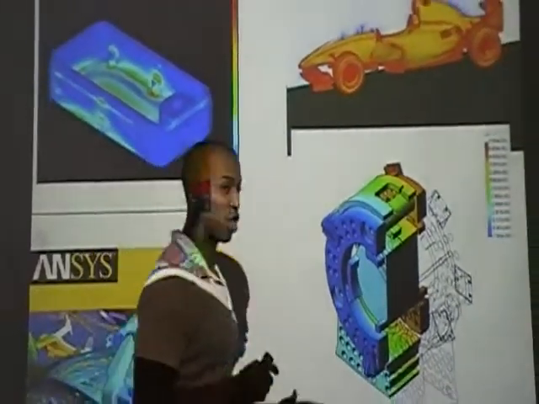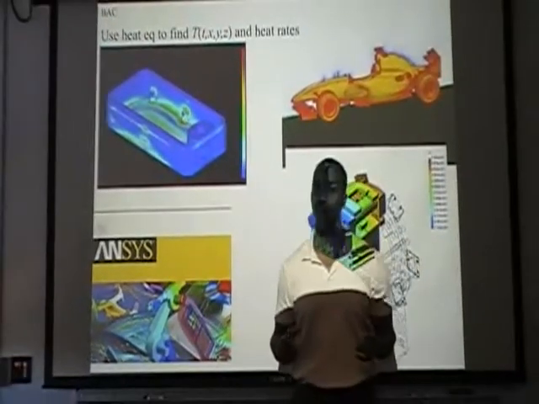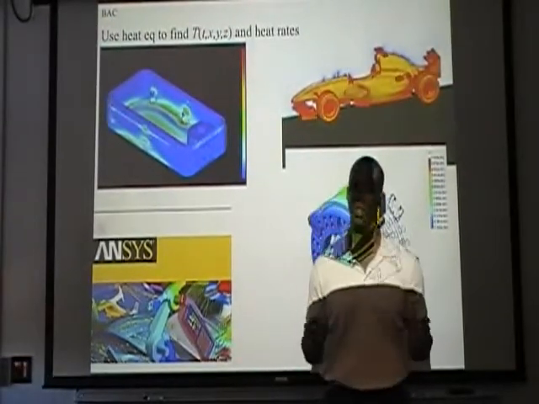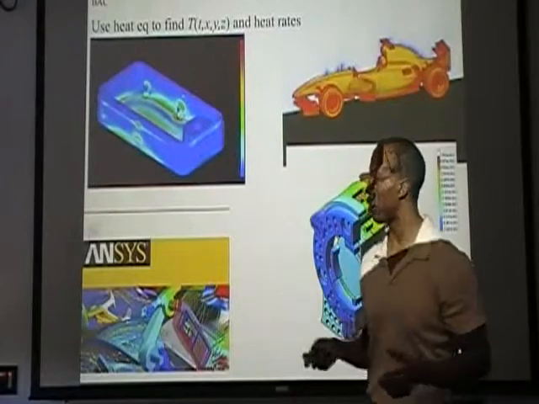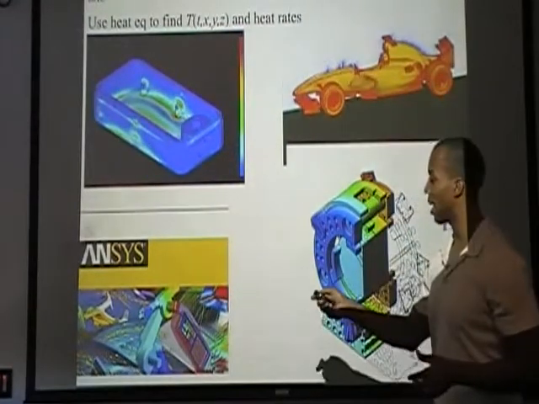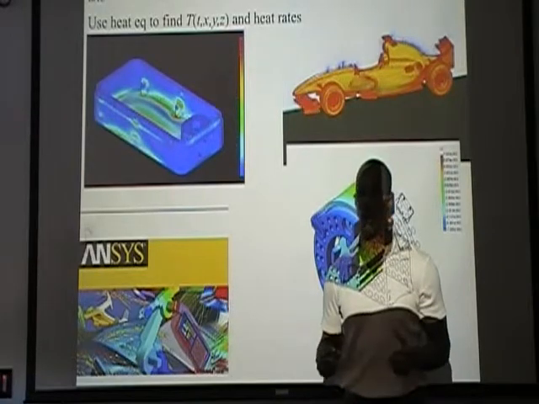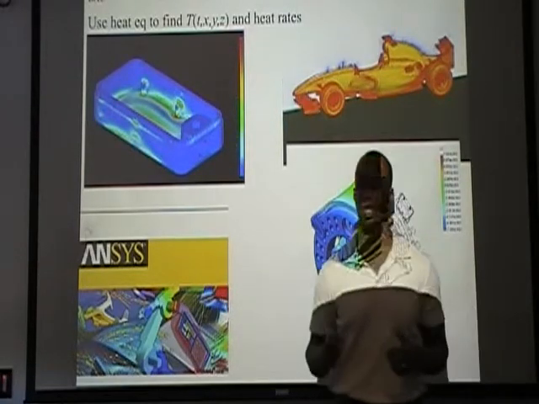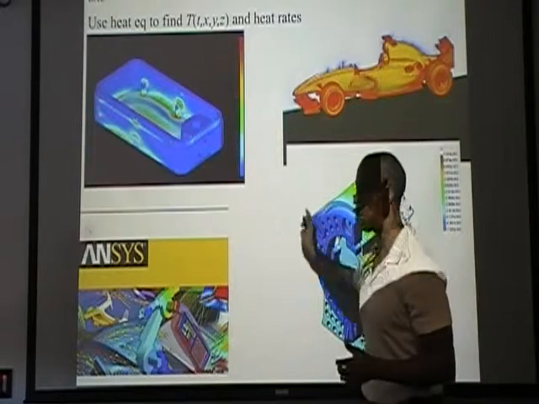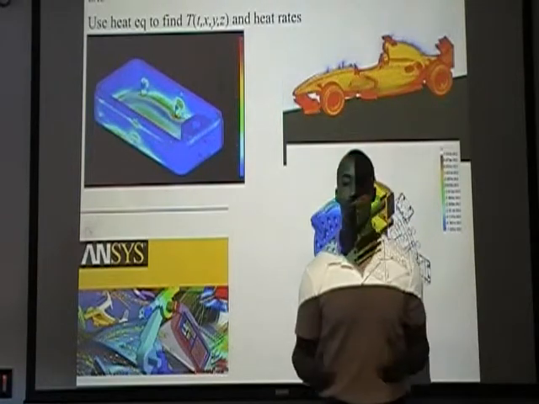So the heat equation in general is very difficult to solve by hand. You're not going to do it. In industry, they use computer software like ANSYS, Cosmos, Algor. Numerous software packages allow you to calculate the temperature distribution in complicated geometries.